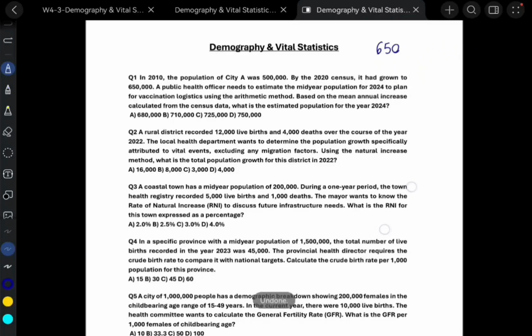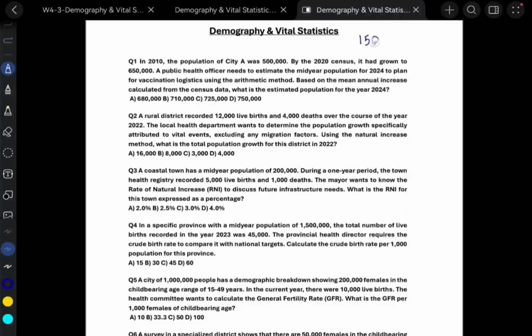That's 150,000 over 10, and the annual increase will be 15,000. So each year we're increasing by 15,000.